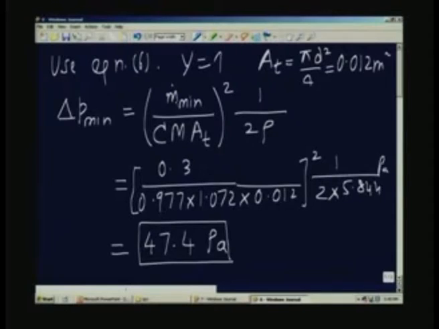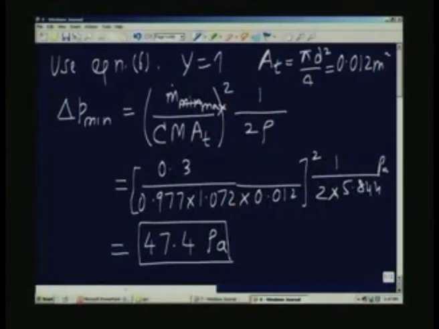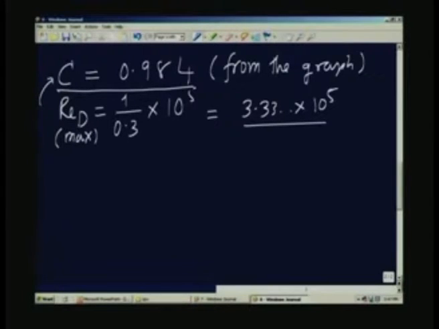Here all I have to do is to replace this by 1. So instead of minimum, I am going to replace it by maximum value, and the value of C by the value which I just now wrote down. So C will be equal to 0.984 corresponding to the new value, and the m dot maximum will be equal to 1 kg per second.